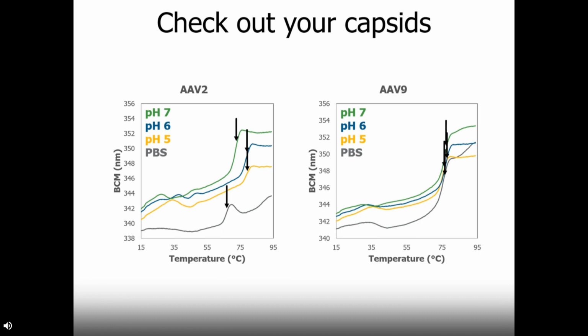And you notice that covers quite a large spread of AAV behavior across temperatures. Meanwhile, on the right side of the slide in AAV9, at those same 4 pHs, we see unfolding of those proteins at very high temperature, and they're also very closely bunched together. So it's very different behavior based on AAV serotype.